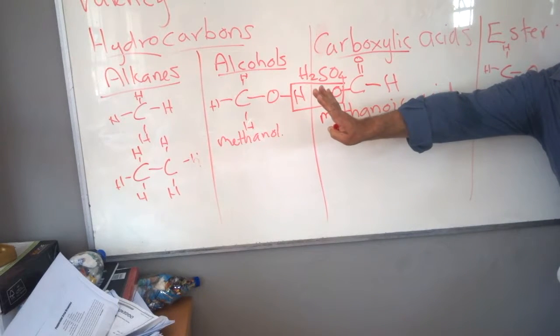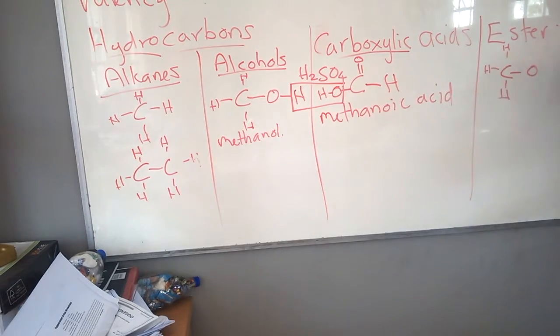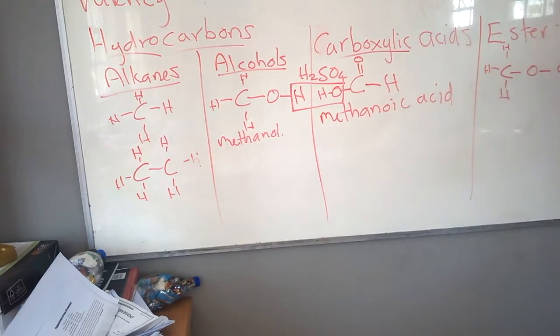There's your methanol. Lost its hydrogen, but it joins straight to the next carbon. You see the oxygen, carbon, oxygen, carbon. And then this carbon still has its O and its H there. Check the number of bonds. Carbon, 1, 2, 3, 4. Oxygen, 2. Carbon, 1, 2, 3, 4. Each hydrogen, 1. And this is now called an ester.